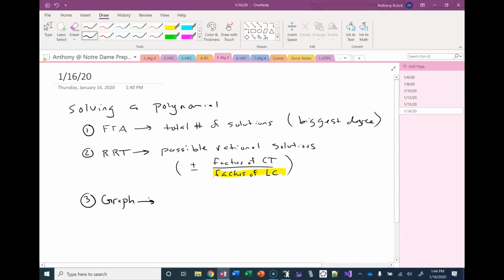Okay, after this we're going to graph. From the graph we're going to get the real solutions. When I say real, that means rational and irrational, right? Everything other than the imaginary pieces. How can I tell the difference between rational versus irrational?